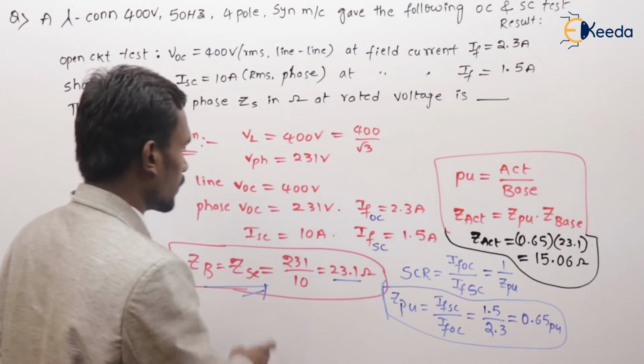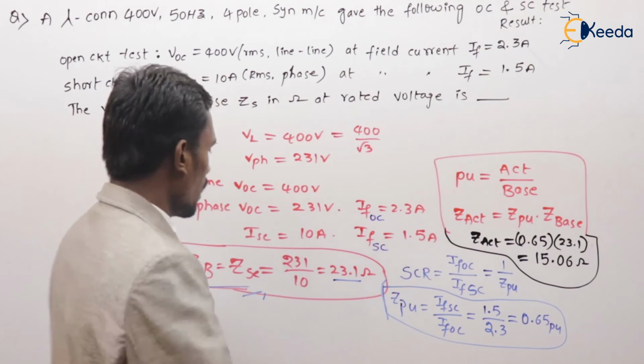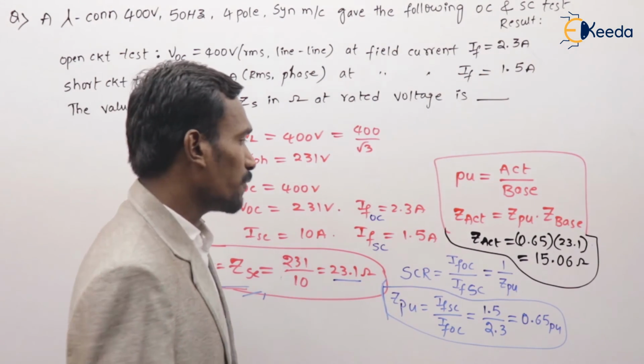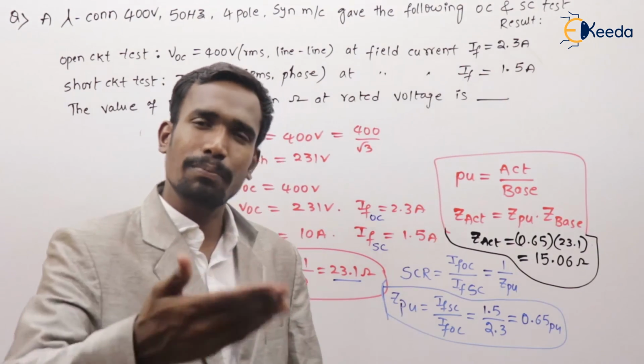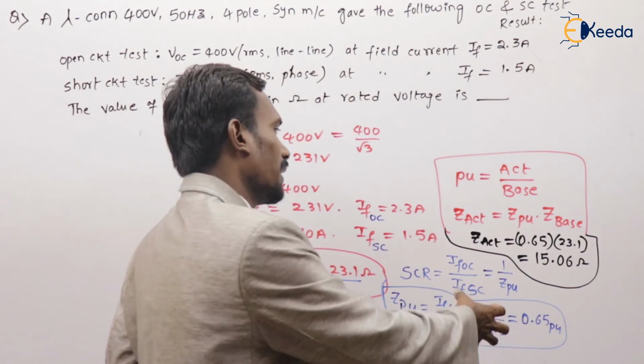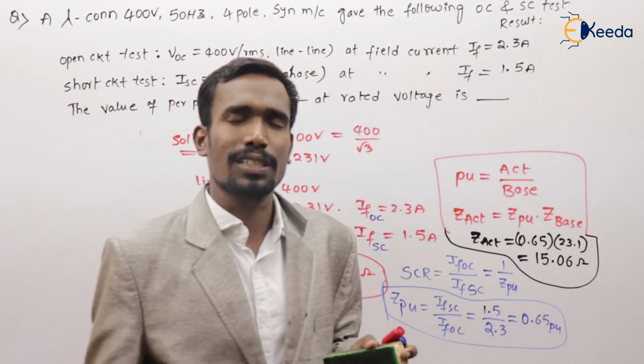How can we find the base impedance? With the given rated values, EOC by ISC gives us the base impedance. Then the per unit impedance is equal to 1 by SCR. If we multiply both, we get the actual impedance, which is our answer.